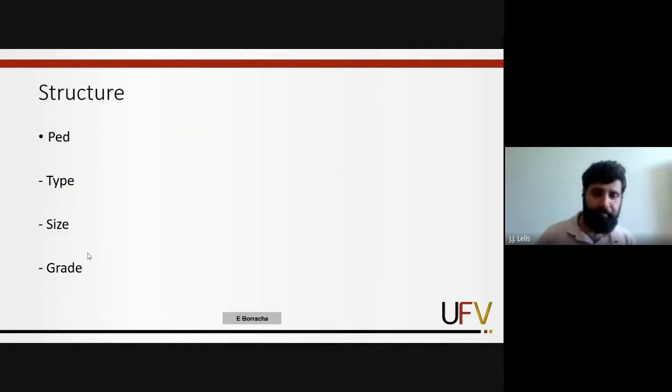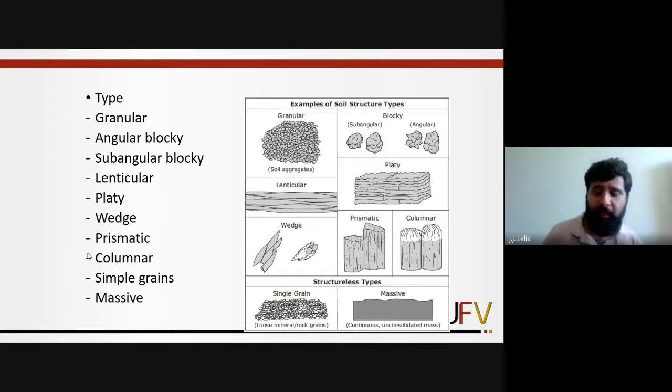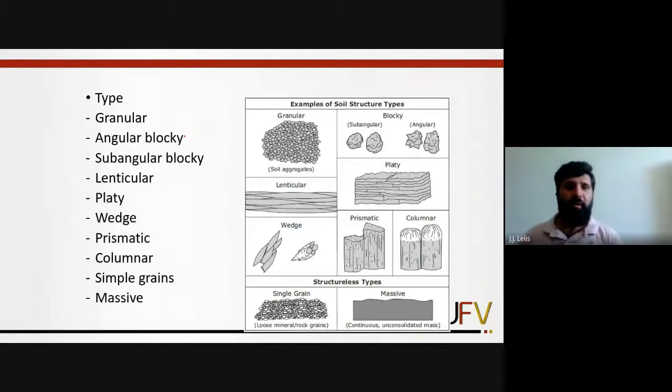Okay, let's see. These are the types of structures that we can describe. So I have the granular structure, like this one. We have circular peds with irregular surfaces, okay?